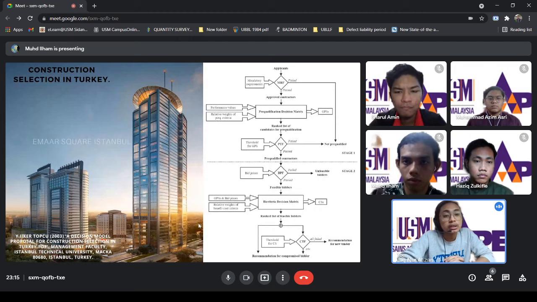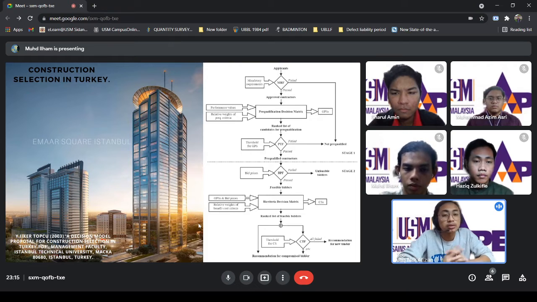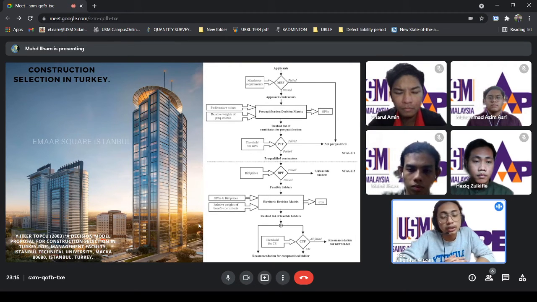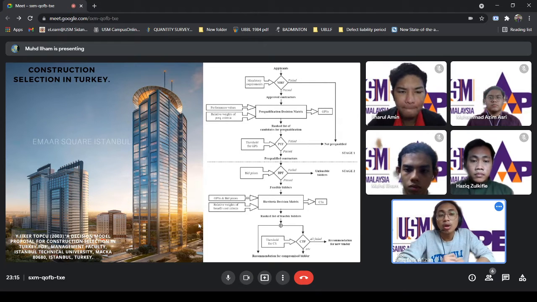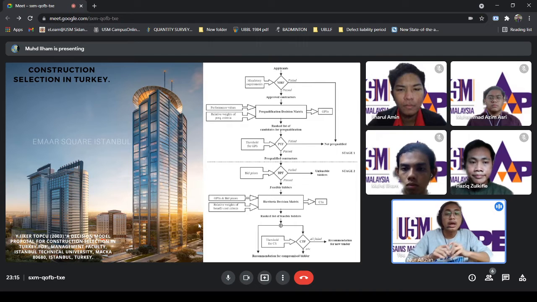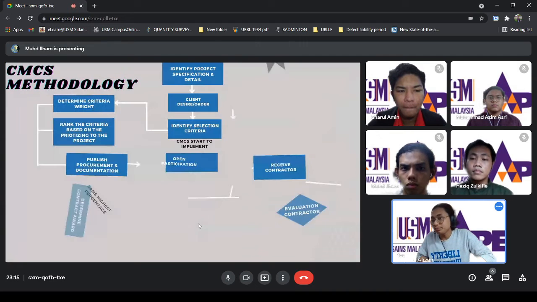They use a two-stage contractor selection, starting from the pre-qualification, and the second stage is evaluation of the contractor. But in the next slide, you will see how we combine all these references into our CMCS system.